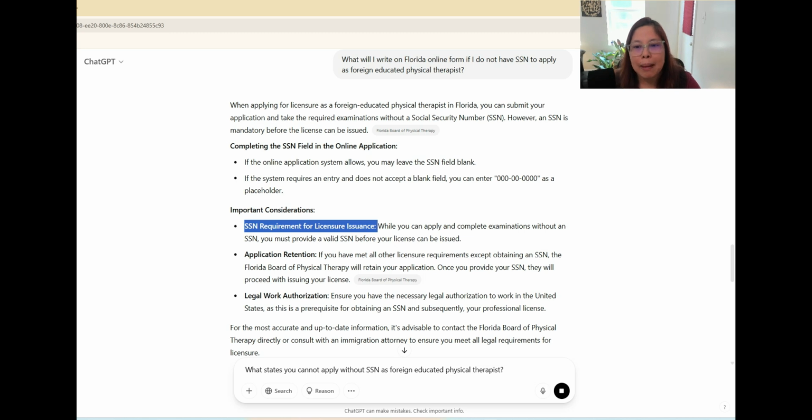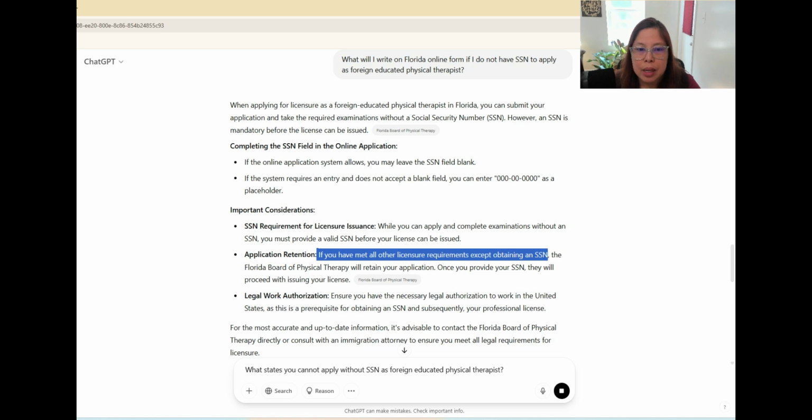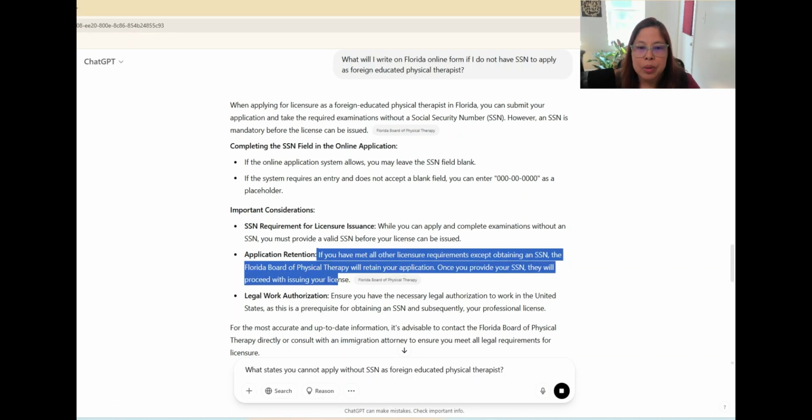Okay, important considerations: social security number requirement for licensure issuance. While you can apply and complete examinations without an SSN, you must provide a valid SSN before your license can be issued. Application retention: if you have met all other requirements except obtaining a social security number, the Florida Board of Physical Therapy will retain your application. Once you provide the SSN, they will proceed with issuing your license.